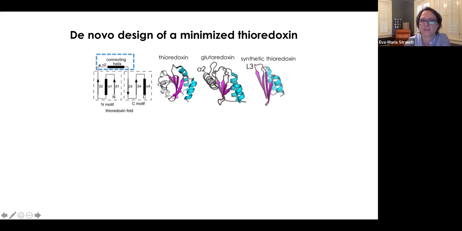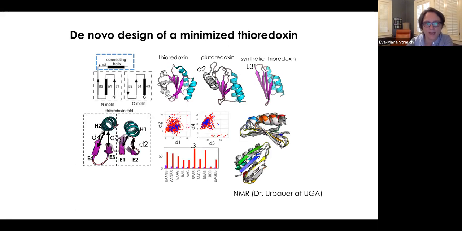So we have ferredoxin, fluorodoxin, and so the synthetic ferredoxin would essentially not have these stabilizing extra helices. These are all there in order to make sure these sheets form well. So it's essentially that connecting helix that you have to get rid of in order to make it fit into 64 amino acids.